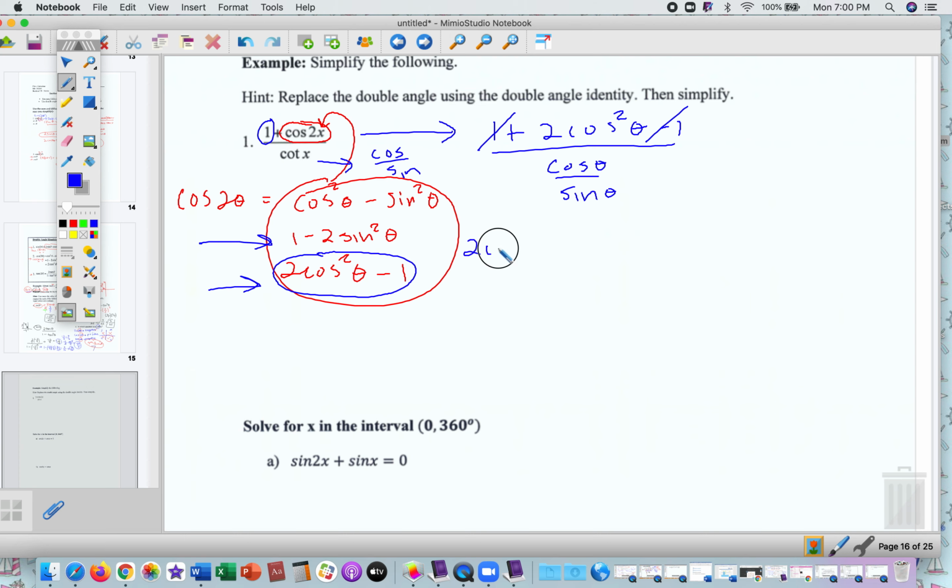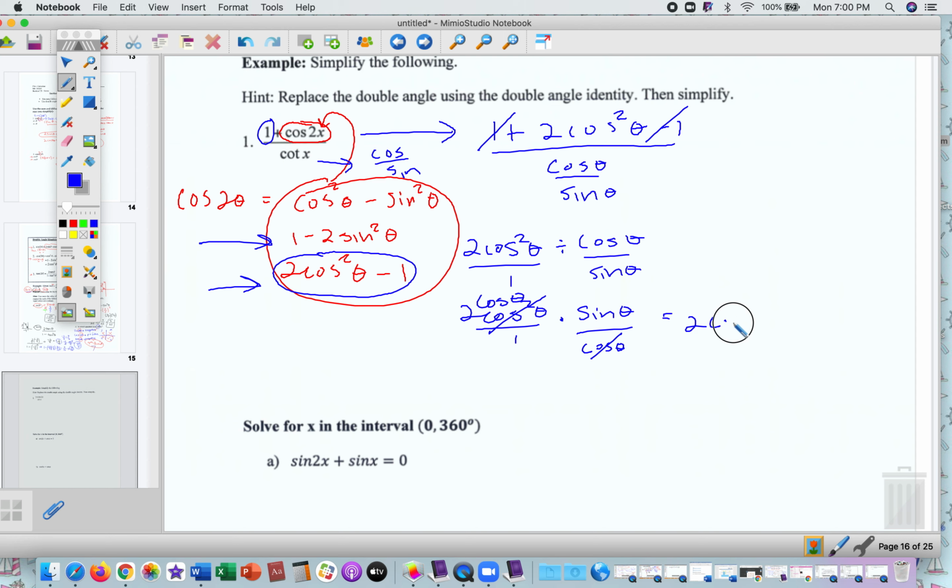So in the numerator, we have 2 cos squared theta divided by our denominator, cos theta over sine theta. We change division to multiplication, flip our fraction on the right. We'll see if anything cancels. So we can divide out a cos in the numerator and denominator, right? Because it's cos times cos. So we're left with 1 cos on top and on bottom.